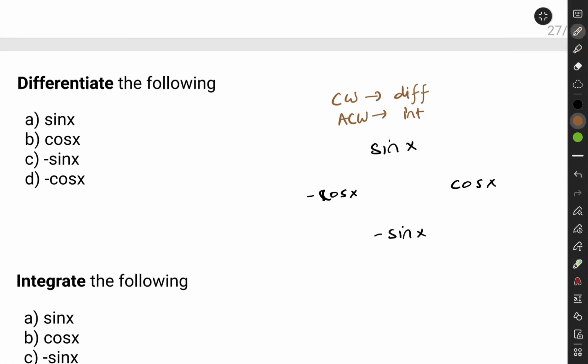Okay, so now we're going to be looking at these four questions that we have got. So sine x, if I differentiate it clockwise, I'm going to get cos x. If I differentiate cos x, I'm going to get minus sine x. If I differentiate minus sine x, I'm going to get minus cos x.